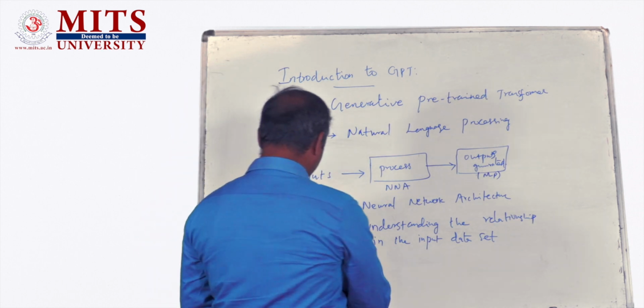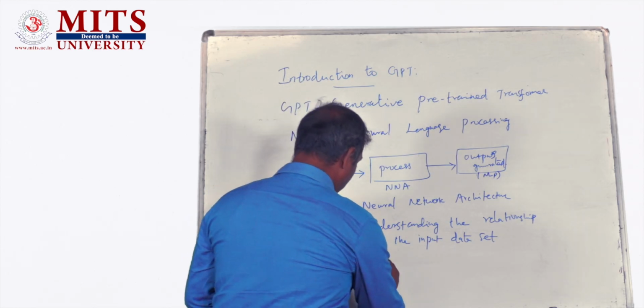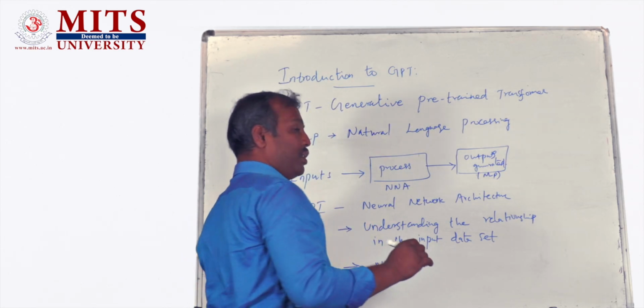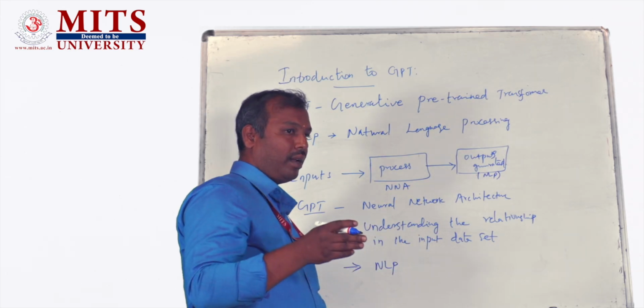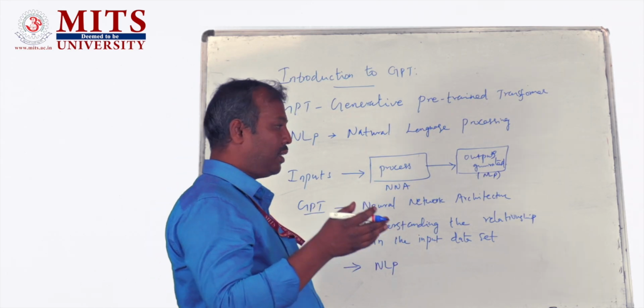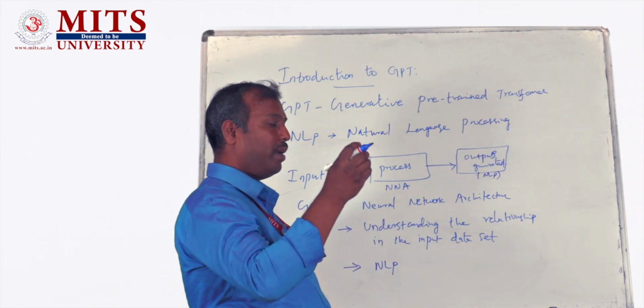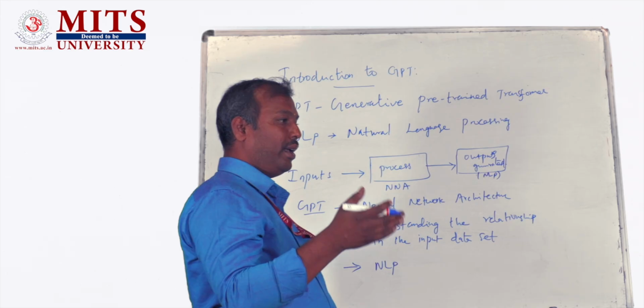The main application of GPT is natural language processing, any application which deals with natural language processing. As human beings we understand what we say, and the same thing can be understood by machines, and whatever output it generates can be understood by human beings.